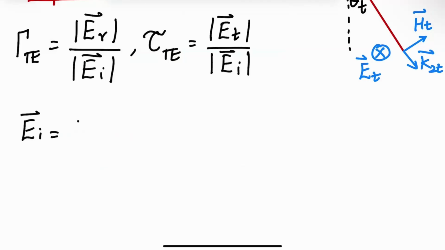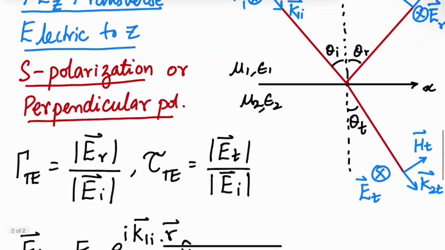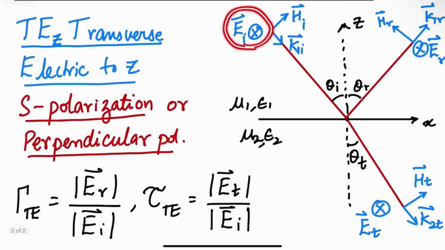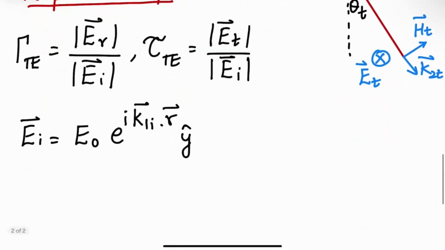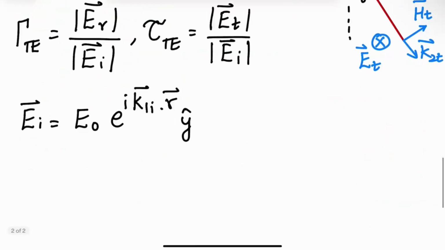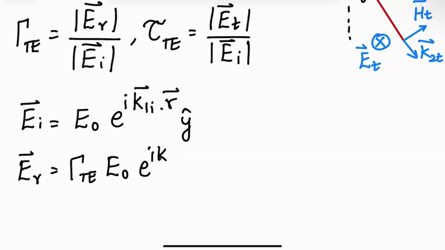So E incident is just some E naught, some arbitrary amplitude, times e to the i k1I dot r, that's the definition of a plane wave, and it's along y hat. Okay, so we've seen that this is along y hat, right? Similarly, I can write down E reflected, which would be gamma TE now, because we've defined gamma now, E naught, that's the ratio of the magnitudes, e to the i k1R dot r, y hat.